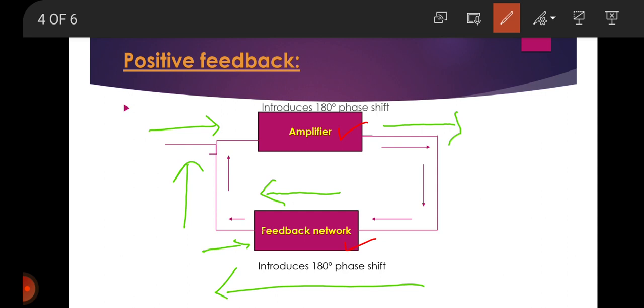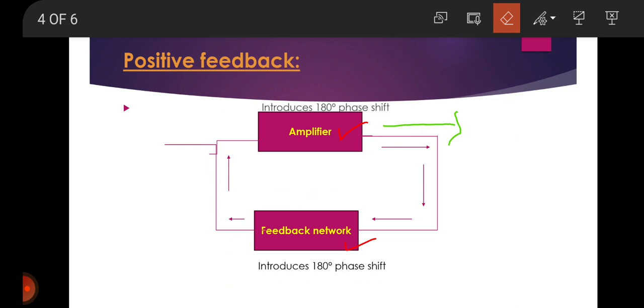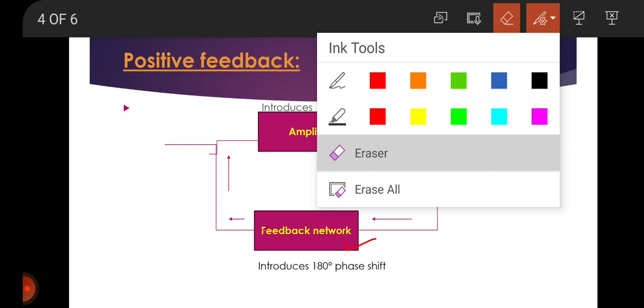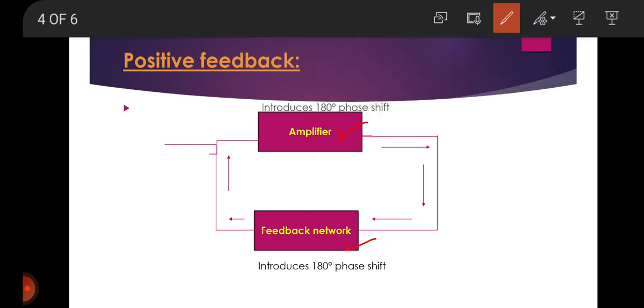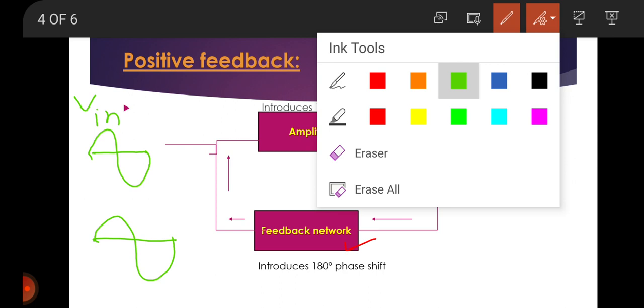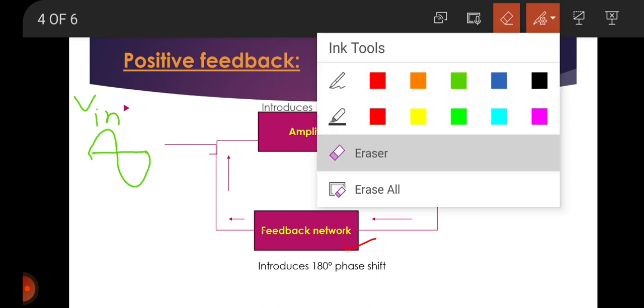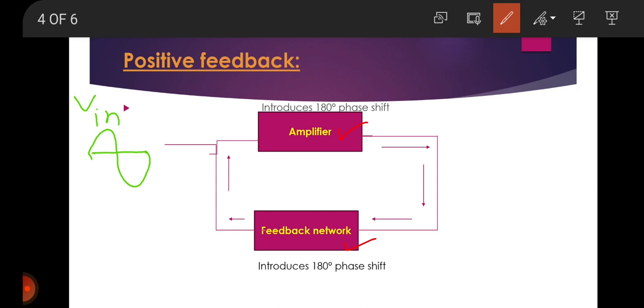Suppose this is the input signal Vin, that is the input voltage, and this is the feedback voltage VF.